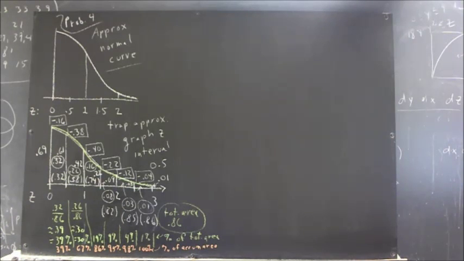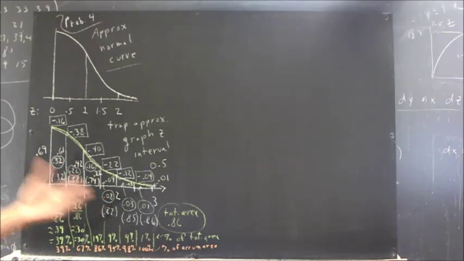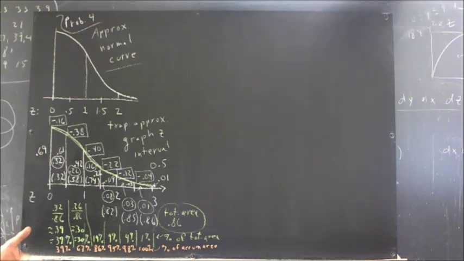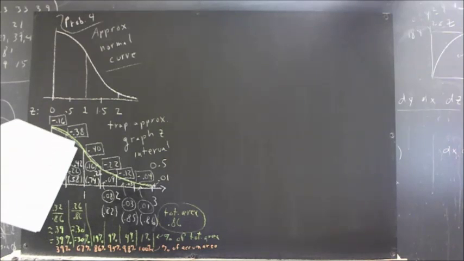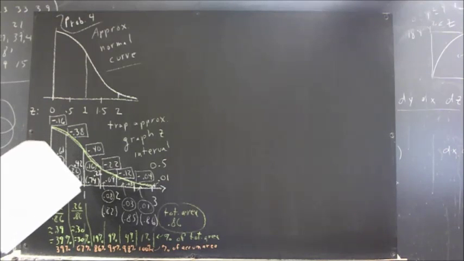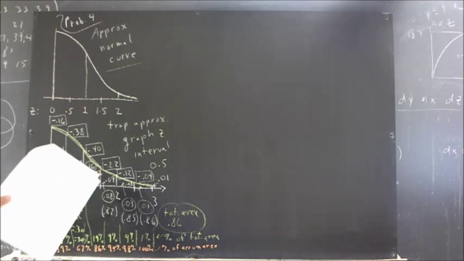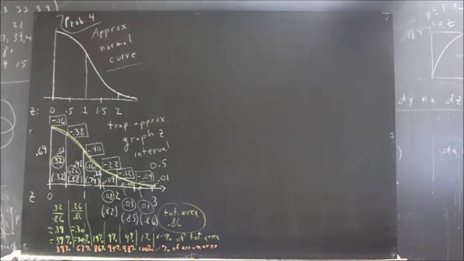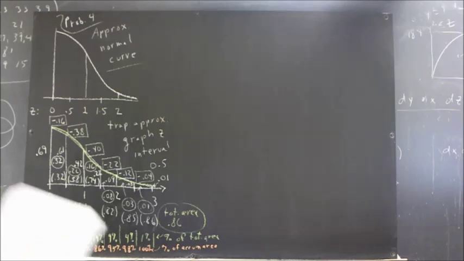Now you're asked to pick one of these intervals and refine the calculation. So I'm going to pick, let's say, the third interval, and we're just going to refine the calculation of the area on the third interval. Your table gives you values of the function.